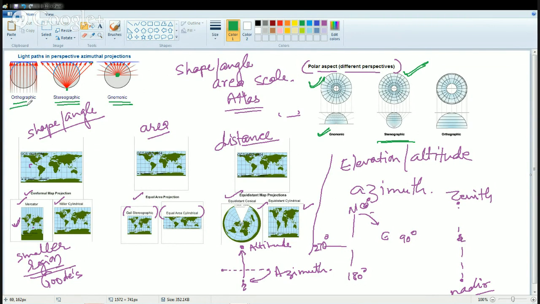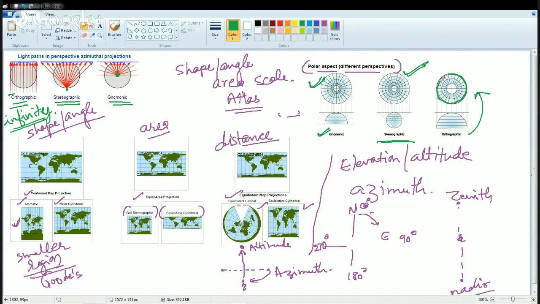Finally is the orthographic projection. In orthographic projection, the source of light is at infinity. So you have the source of light very far, you don't know from what place the light is coming out, and all the light rays run parallel. As you can see towards the end, these are very close. So when you have the orthographic projection on paper, what comes out is towards the end you have very close lines that are drawn, as you can see here, these are two lines between which I am moving my pencil.